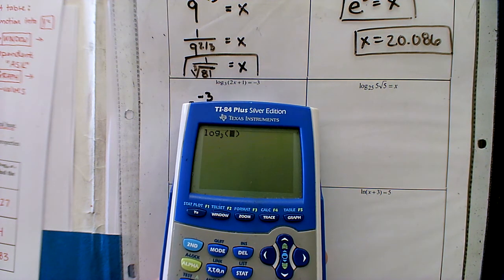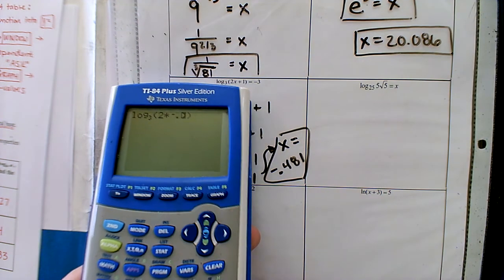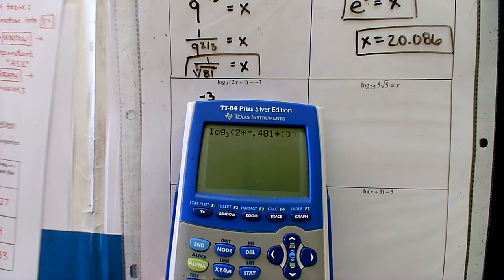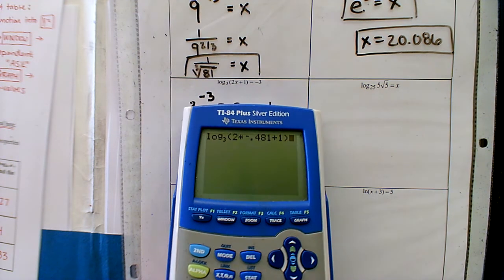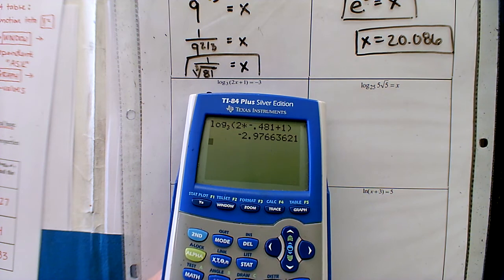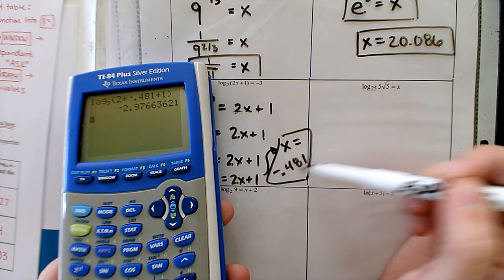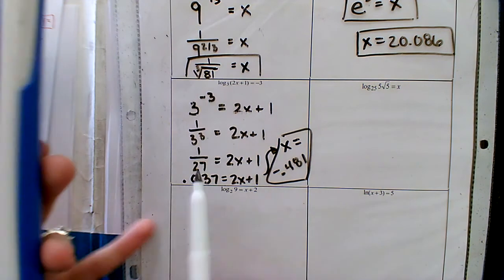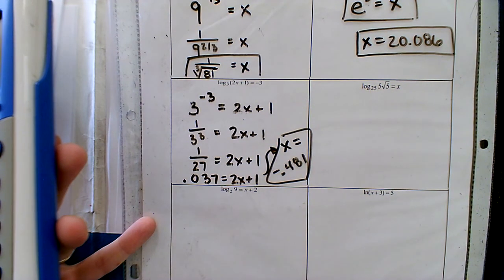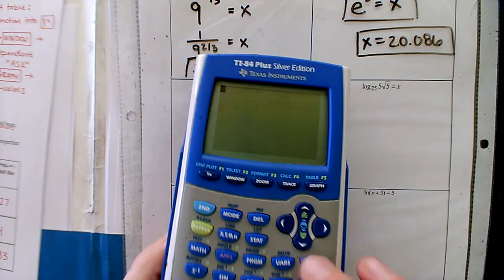And for the argument, I'm going to do 2 times my x answer, and then I have to add 1. Okay, when I hit enter, I'm hoping I get something really close to -3. Which I do. And it's a little off, again, because we rounded our final decimal. Okay, you could have kept this a fraction and solved from there and have your answer as a fraction. That's okay as well. However you want to represent it, it's fine.